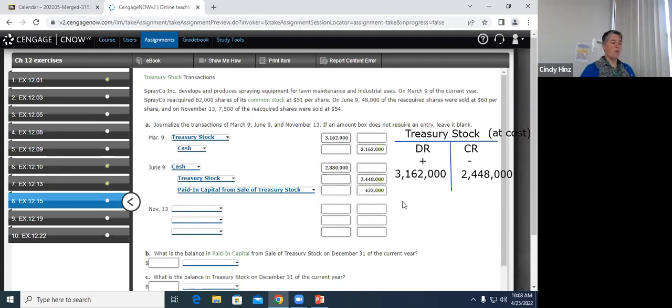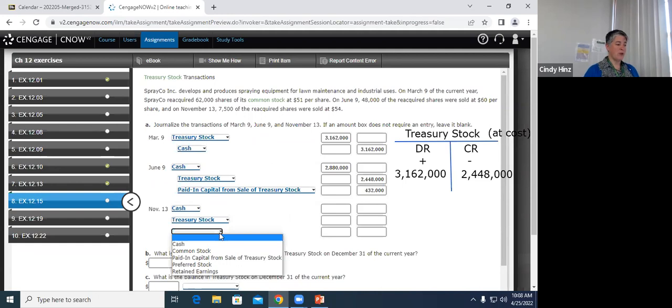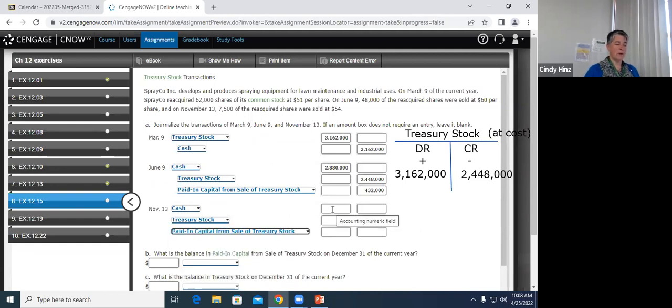We're going to account for this in exactly the same way. Cash will be the amount we actually sold them for, $54 a share. Treasury stock to remove from our treasury stock at $51 per share at cost. And then the extra $3 will go into paid in capital from the sale of the treasury stock. So $54 per share for 7,500 shares is the cash.